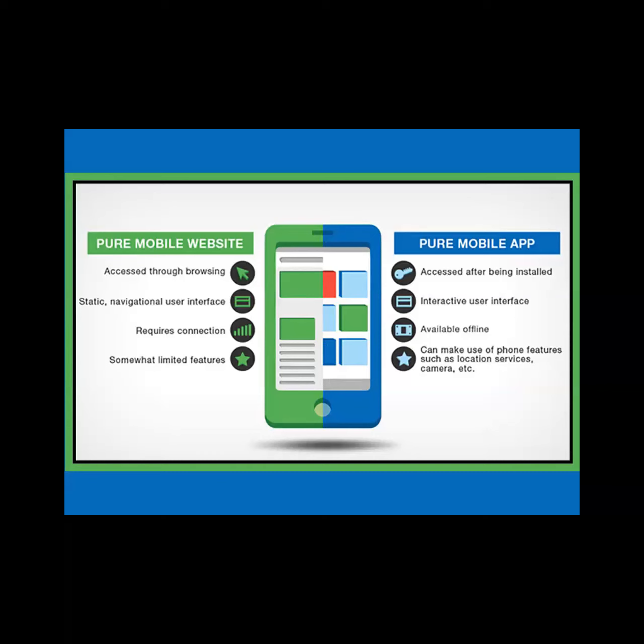On a website, you can have easily updated information accessed through browsing, static navigational user interfaces. It does require connection through a cell phone or Wi-Fi network, and does have somewhat limited features. Alternatively, a purely mobile app can be accessed after it's installed, has an interactive user interface, is available offline, and can make use of phone features like location services.